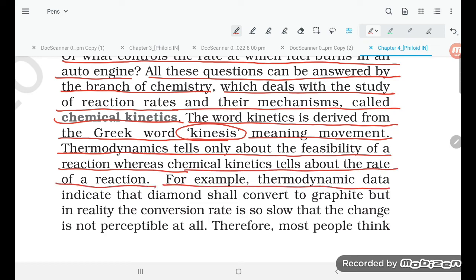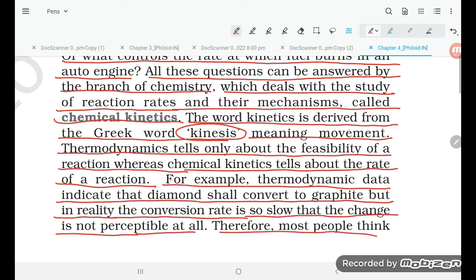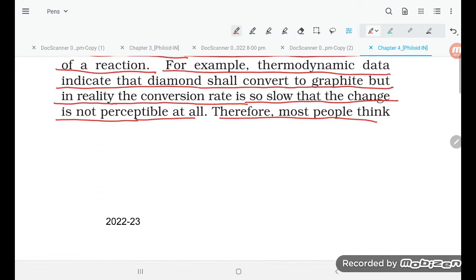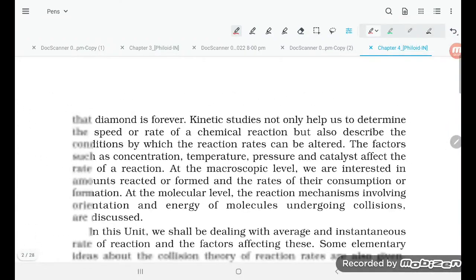For example, thermodynamic data indicate that diamond shall convert to graphite, but in reality, the conversion rate is so slow that the change is not perceptible at all. Therefore, most people think that a diamond is forever.